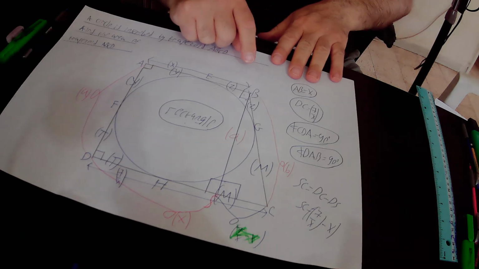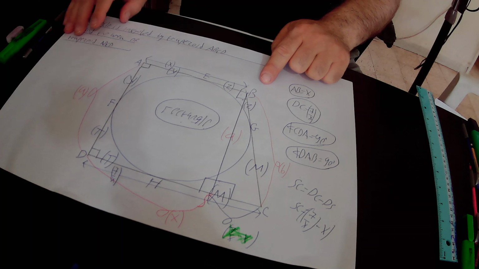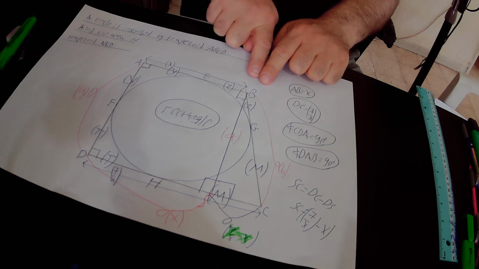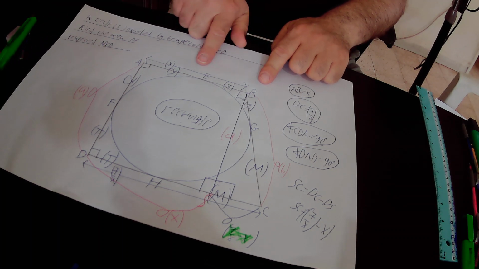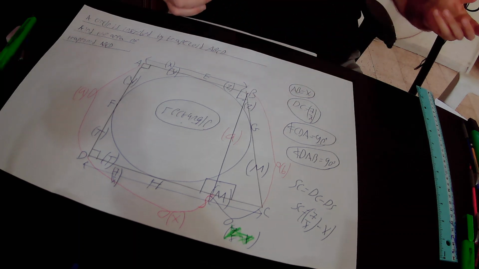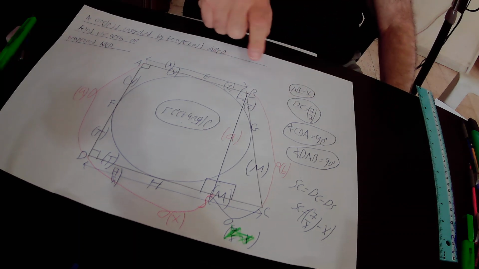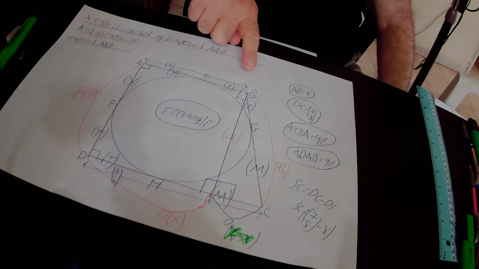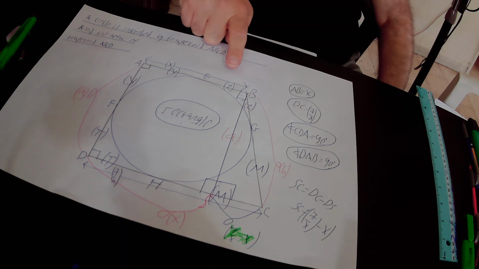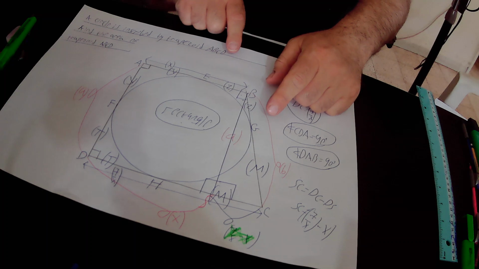Likewise, focus on this common external point, point B. From point B, we have two tangents to this circle, tangent BE and tangent BG. According to rule 2, they are equal to each other. That is to say, BE equals BG.